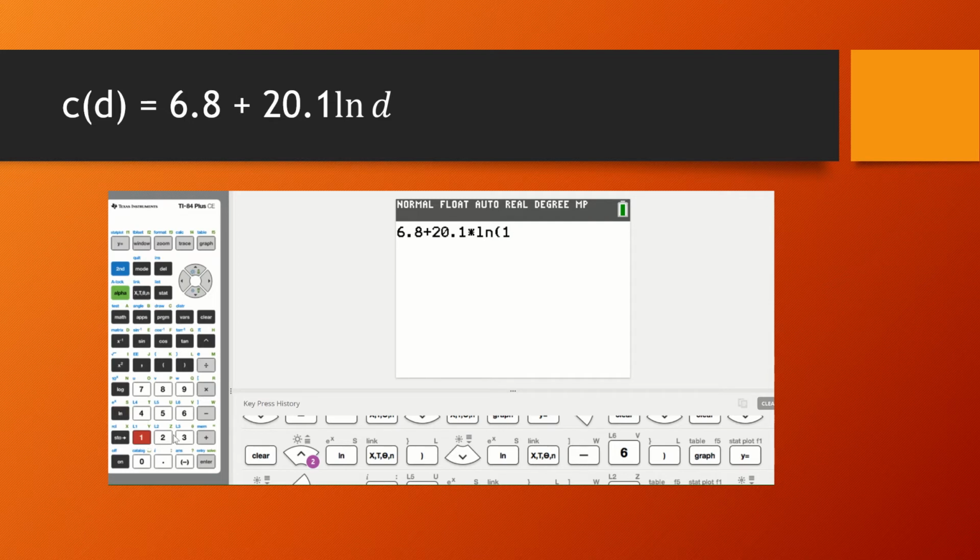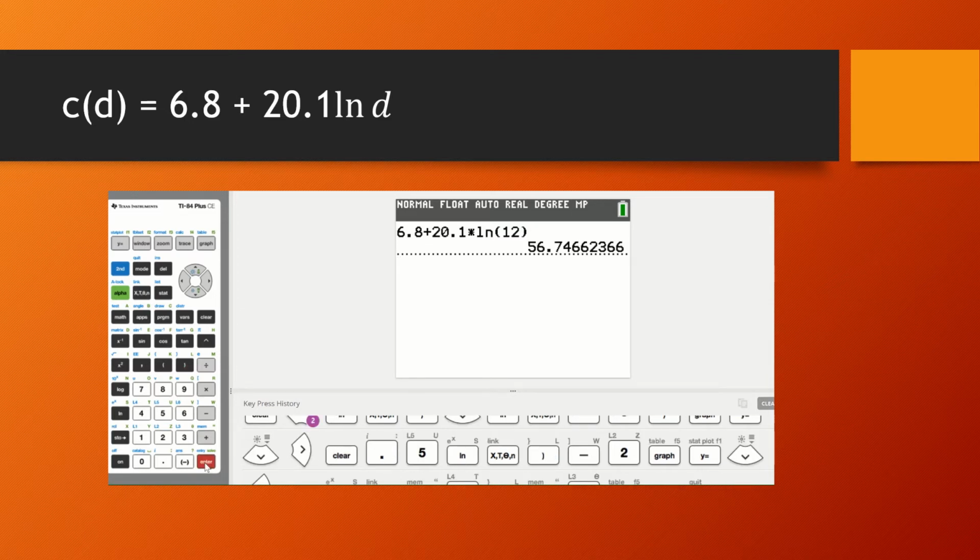We're going to substitute 12 days in here for D and hit enter. And let's see, 56.7, let's say 57, we're going to round that up to the nearest whole number. 57 machines have been infected by day 12.